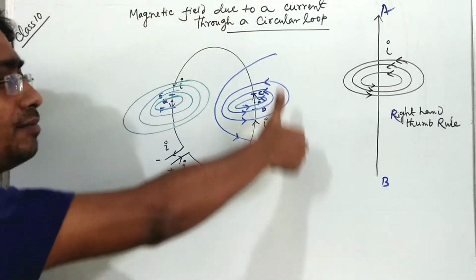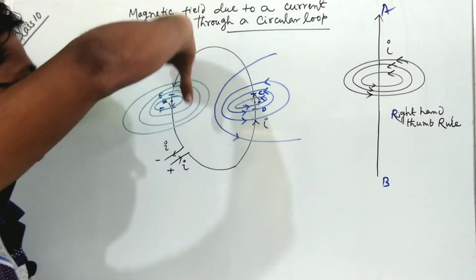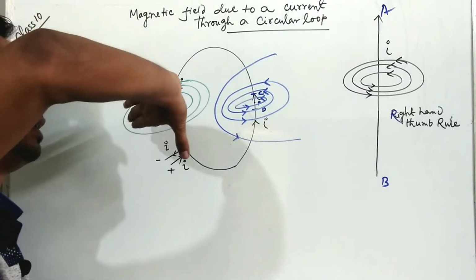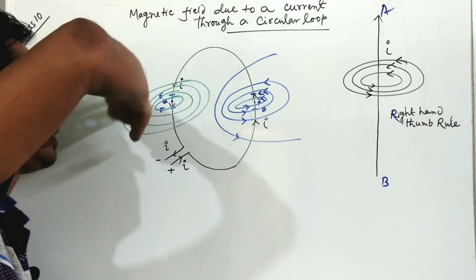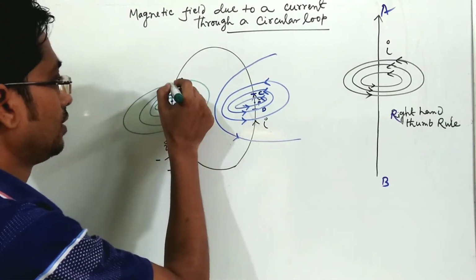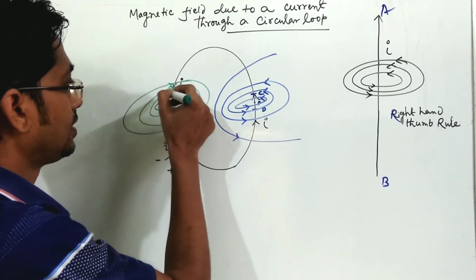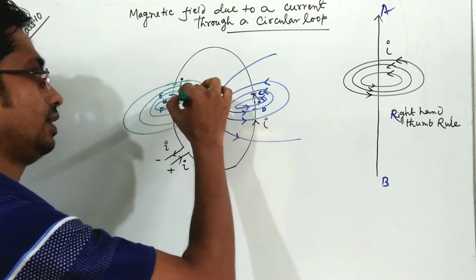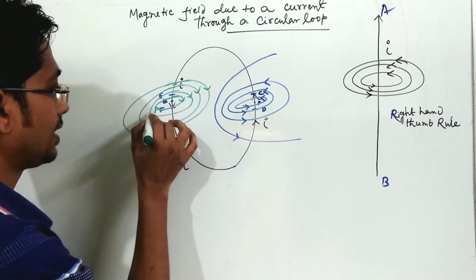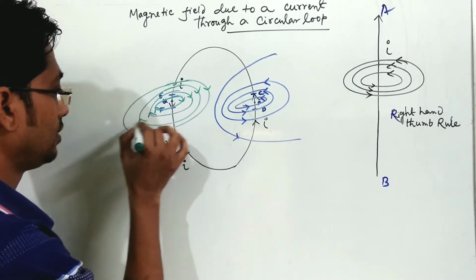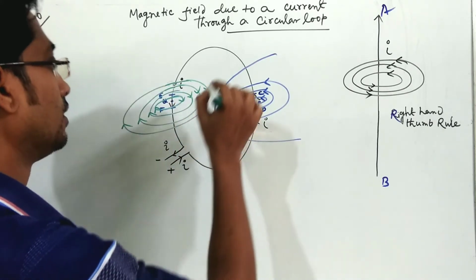Now you can see the remaining fingers wrap the conductor in this way. So I am giving this direction, and this will be the direction here outside the circle.